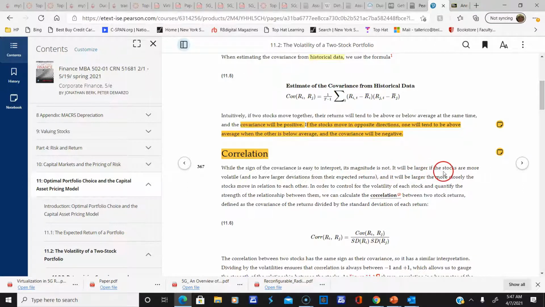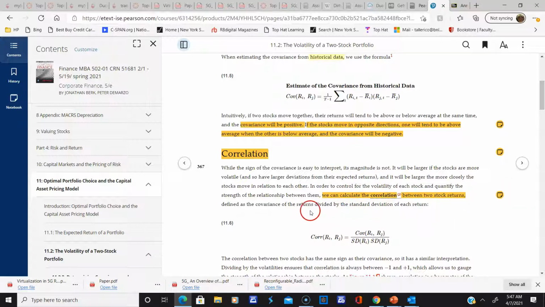It will be larger if the stocks are more volatile and have larger deviations from their expected returns, and it will be larger the more closely the stocks move in relation to each other. In order to control for the volatility of each stock and quantify the strength of the relationship between them, we can calculate the correlation between the two stocks.